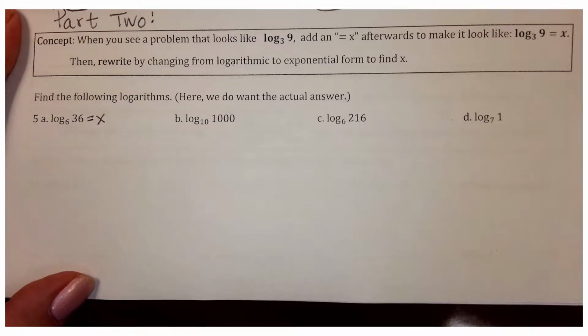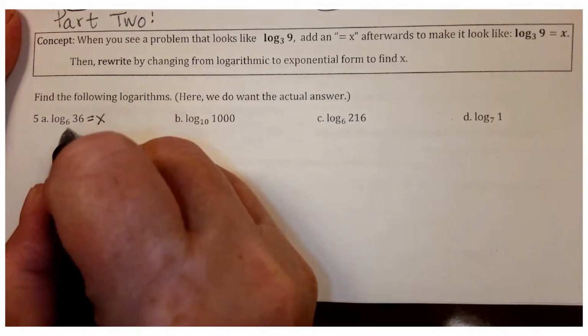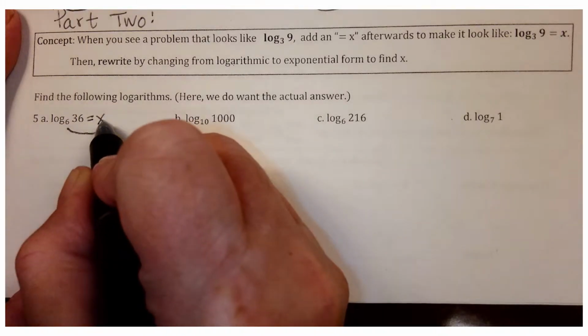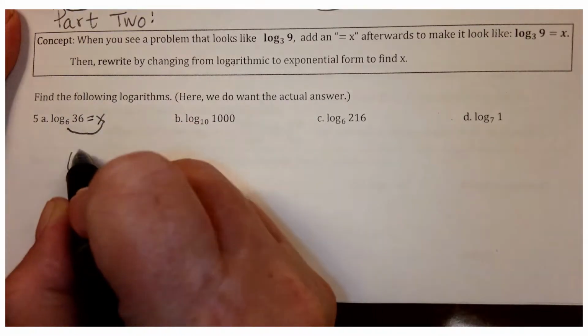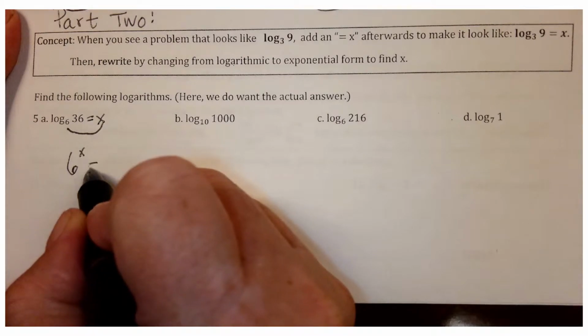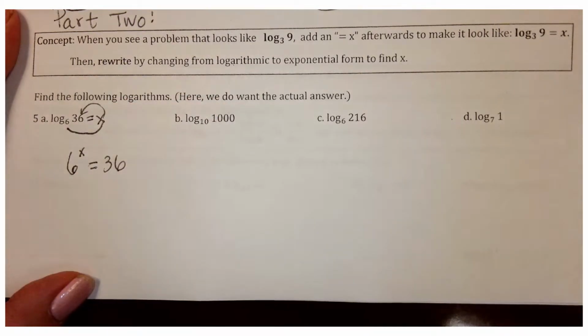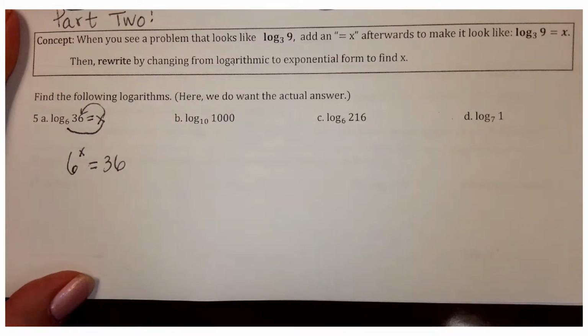So again, this starts with the base of 6. It raises it to the x power. So we've got 6 to the x equals 36. Now that we have it in this form, what we're thinking about is how many times do we multiply 6 together to get 36?